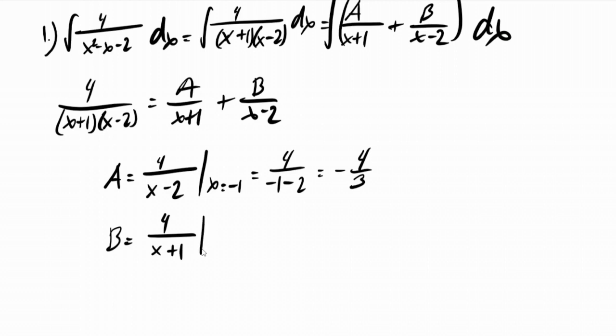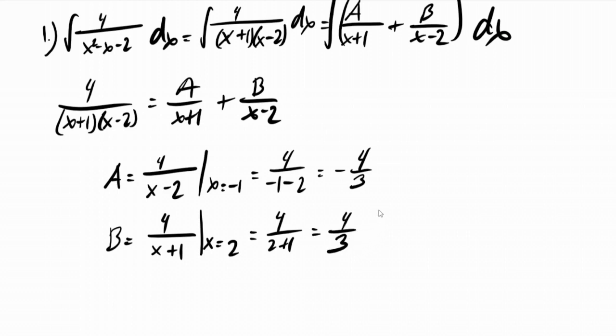Now we will need a limit to substitute x with. To find the limit, we'll look for a number that, if you add it to -2 here, will result in 0. So in this case it's 2. So substitute x with 2. 4 over 2 plus 1 is equal to 4 thirds.